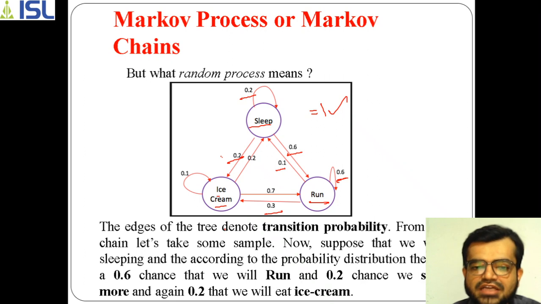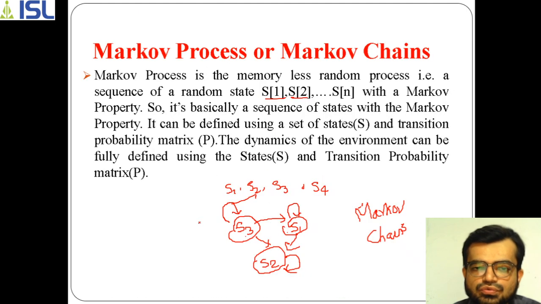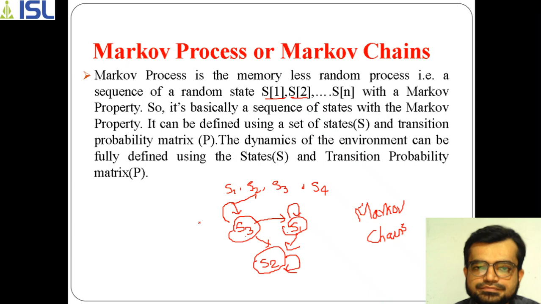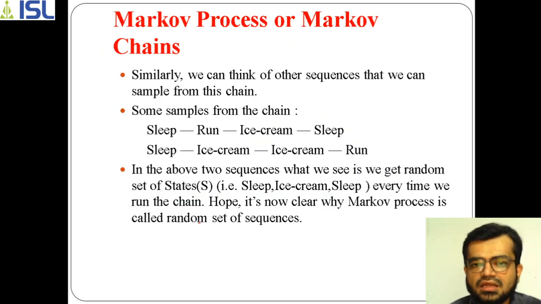So in this way you can take Markov chains, and all of this you can represent through the state transitional probability matrix. Here these are samples of how it moves: sleep, run, ice cream, again sleep. It doesn't mean that once you have taken sleep you cannot move to the same state again.